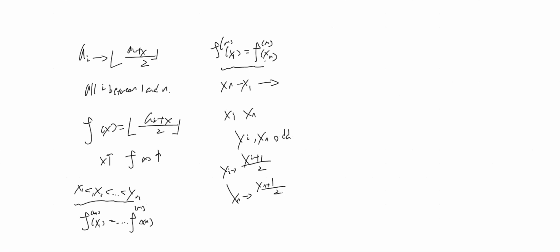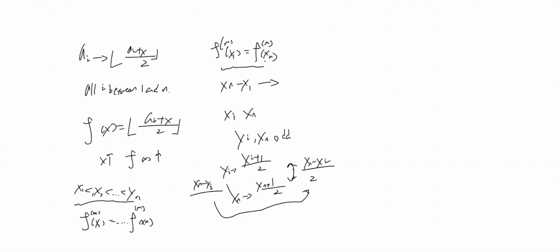And then the difference between these two numbers after we do an operation is a half of xn minus x1, whereas the distance between these two numbers before the operation is xn minus x1. So we can see that after an operation, the distance is divided by 2. This is also true when x1 and xn are even. We can pick x as 0.